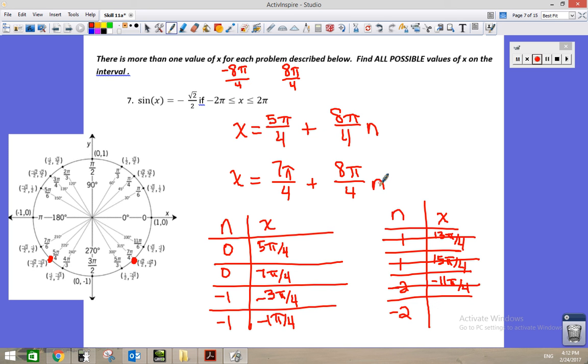What if I plug in negative 2 here? I'll have negative 16, and there I'll have a negative 9. And negative 9 is smaller than negative 8, so I throw it out. So I only find 4 solutions, 4 values of x, of the infinitely many x's that satisfy this equation. Only 4 of them are between negative 2 pi and positive 2 pi.